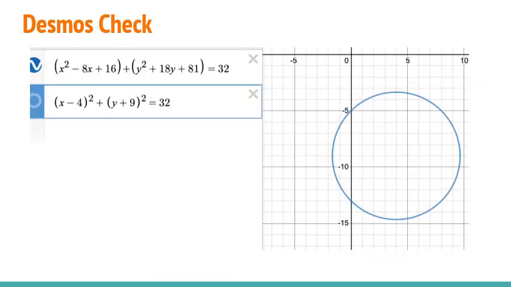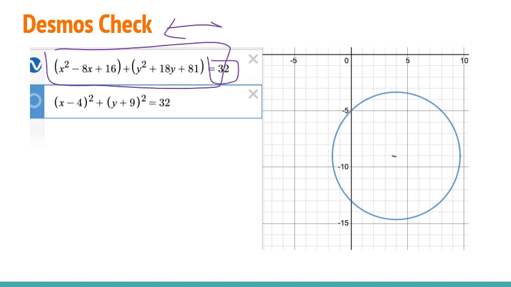I encourage you, as always, to use Desmos to check your work. Okay, so this is me. All I did is plug in the original formula we were given here. And you could probably pick out the center just from this. It's not so easy to pick out the radius if the radius is not a perfect even number, but you could see that the center is at (4, -9).